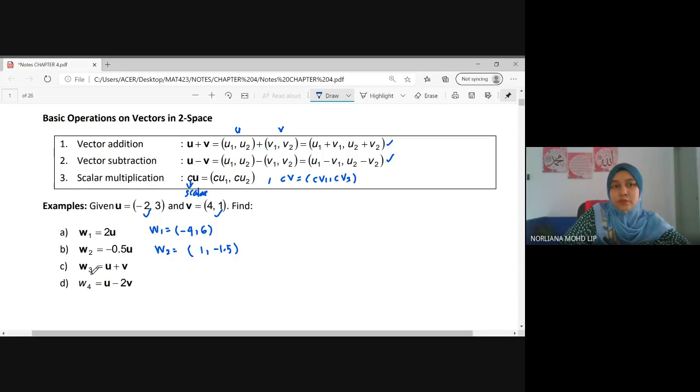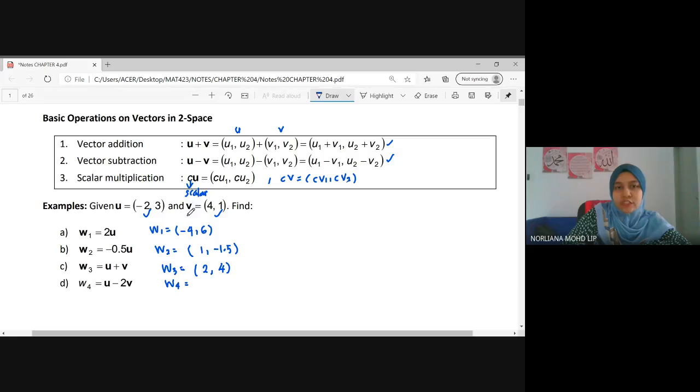Number 3, w3 equals u plus v. So I use the first operation, vector addition. So w3 equals negative 2 plus 4, which is 2, and 3 plus 1, which is 4. And the last one, w4 equals u minus 2v.